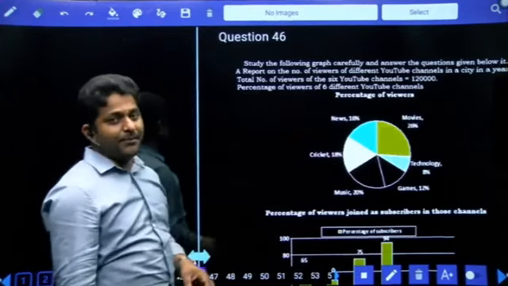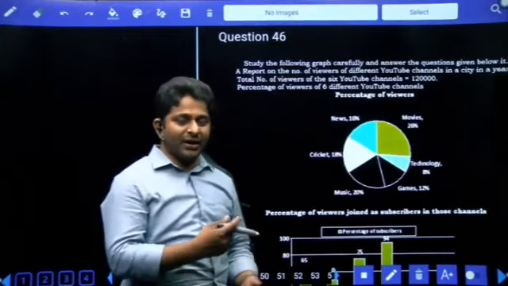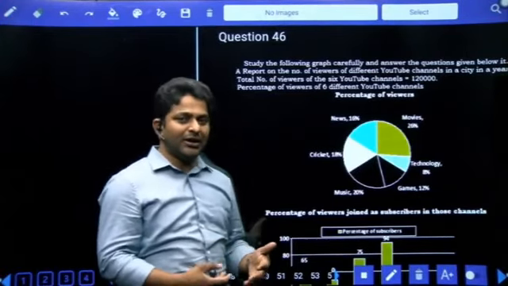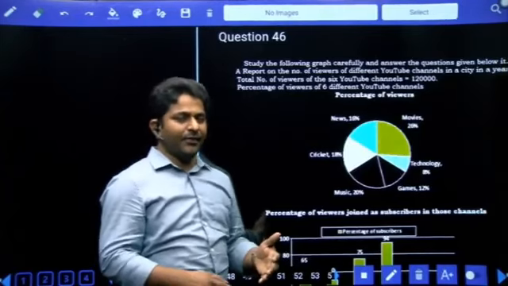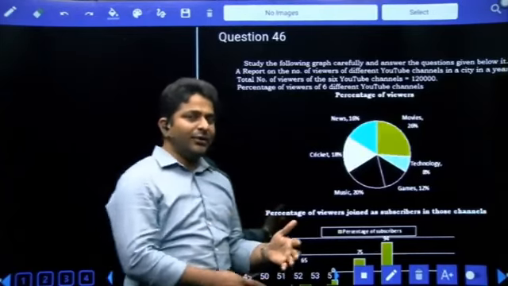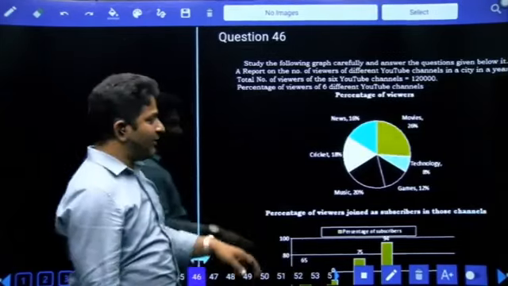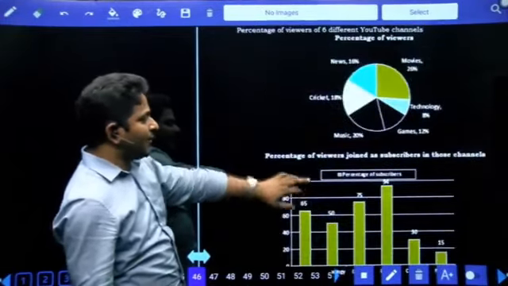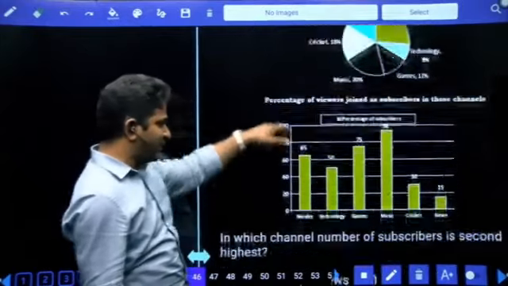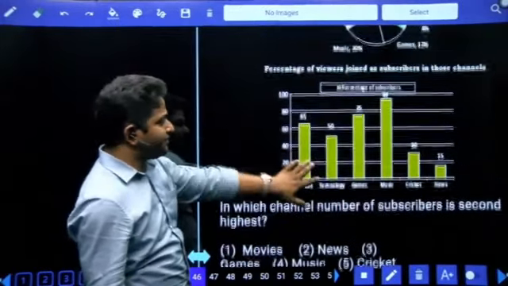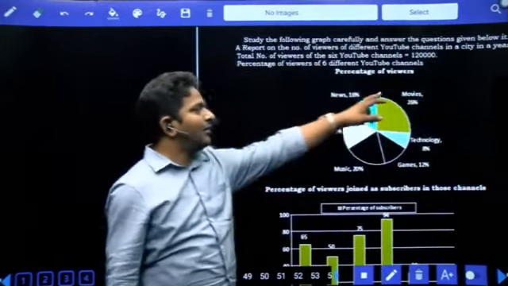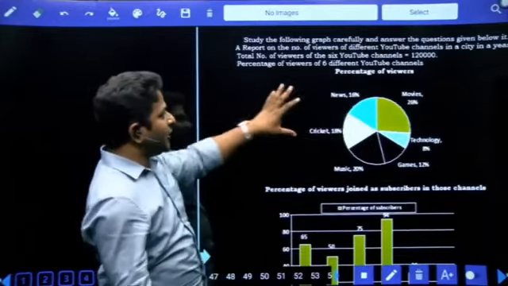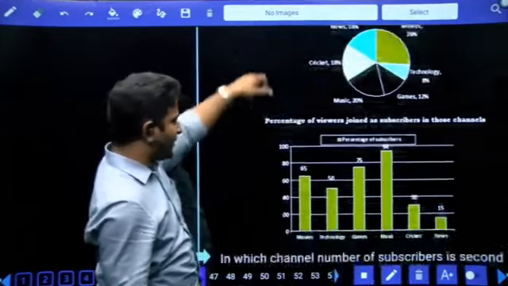If they subscribe, they get notifications whenever, in a particular channel, if they upload any video, you get some notification. For that you have to subscribe. That is what the subscription means. Now percentage of subscribers are given here. These values, percentages are calculated on viewers, and total number of viewers are 1,20,000.